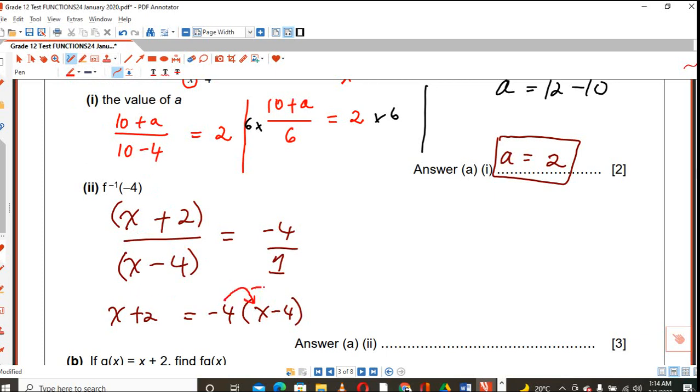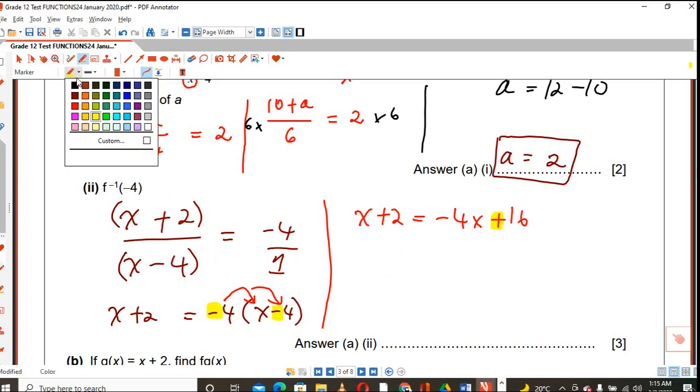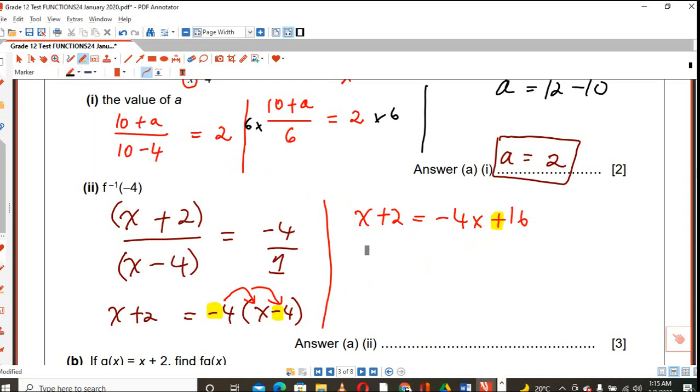So this will give us minus 4x plus 16. Careful, don't get confused here, a negative times a negative gives you a positive answer. That is a very big thing. A lot of students tend to make that mistake.